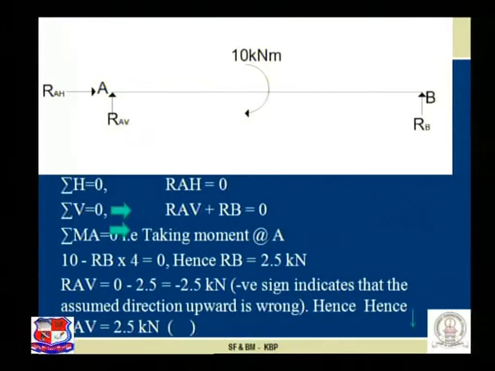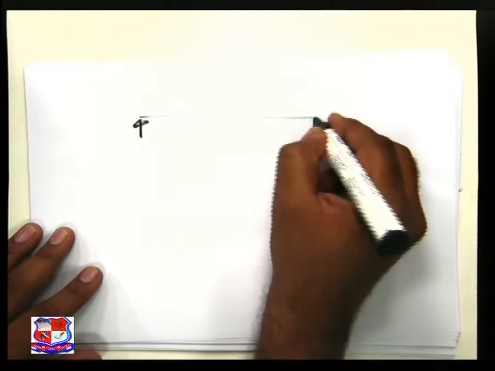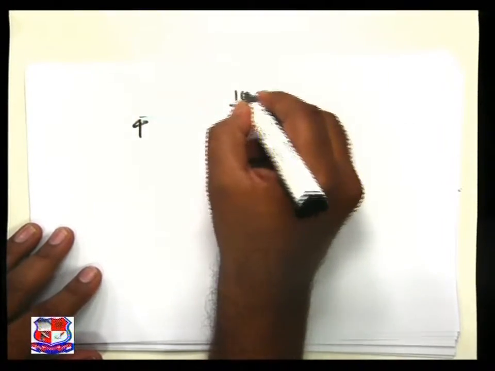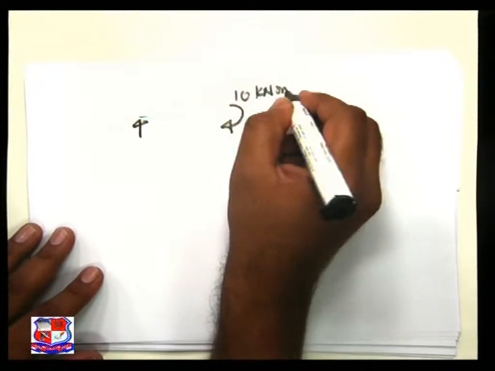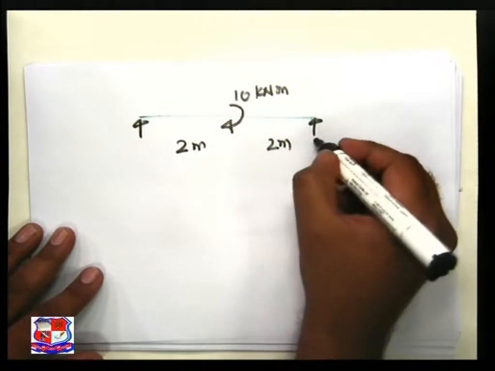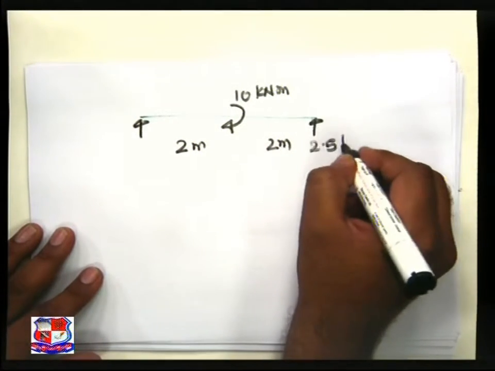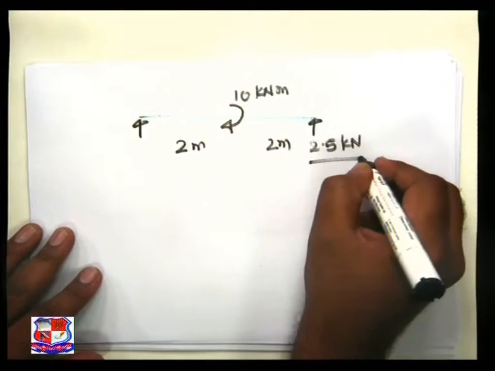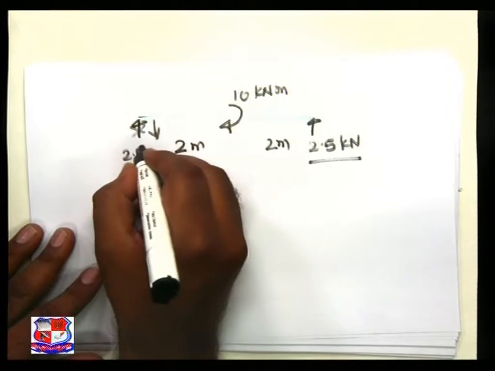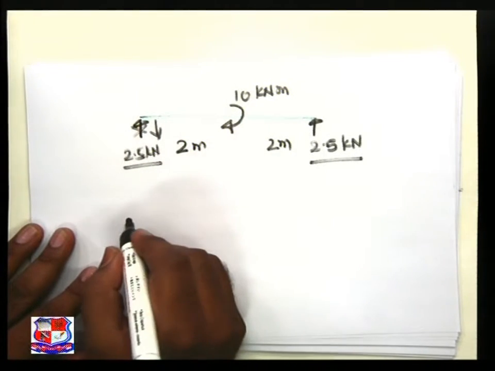The given beam is simply supported, the concentrated moment is 10 kilonewton into meter acting at the center of the beam. The reaction is 2.5 kilonewton upward. This is downward 2.5 kilonewton.